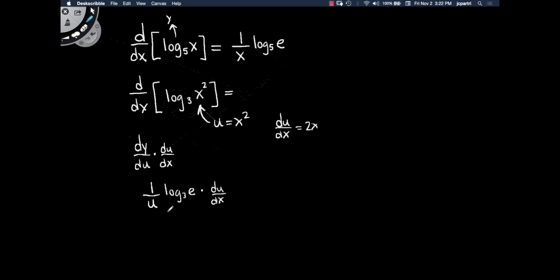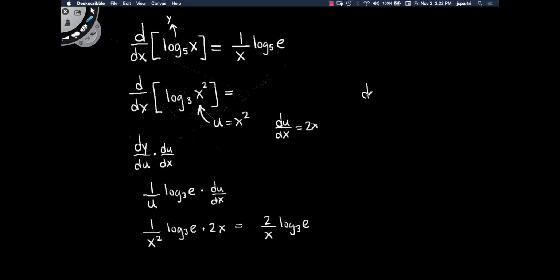But du dx is 2x and u is x squared, so this becomes 1 over x squared log base 3 of e times 2x, which simplifies into 2 over x log base 3 of e. But we could have also used the power property from the very beginning and bring down the 2.